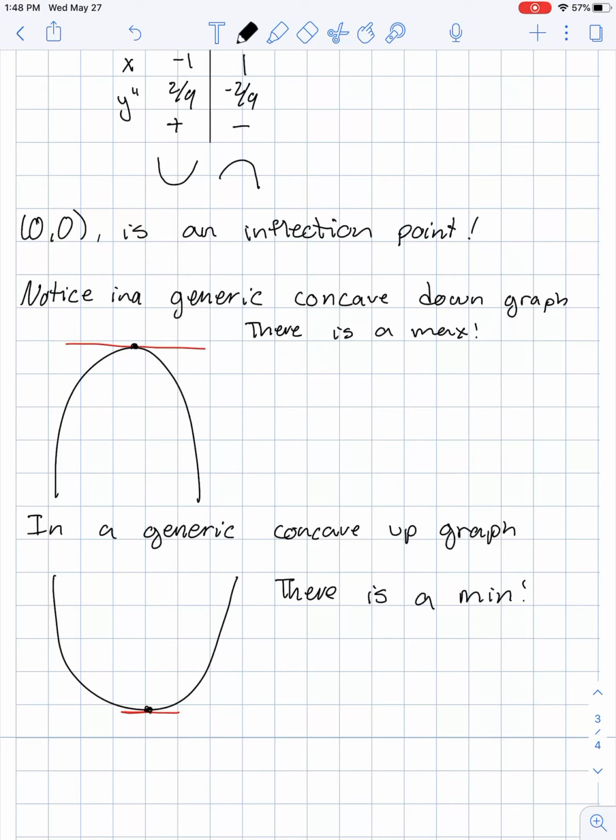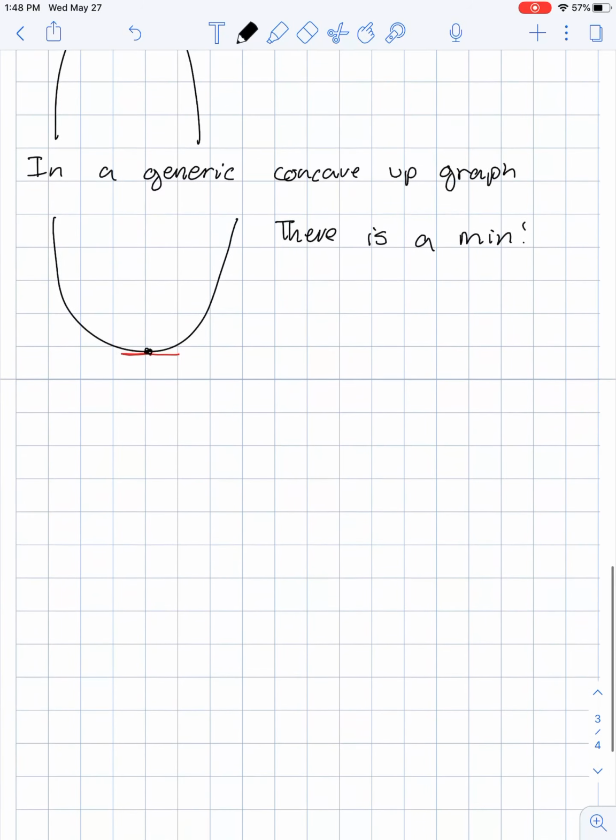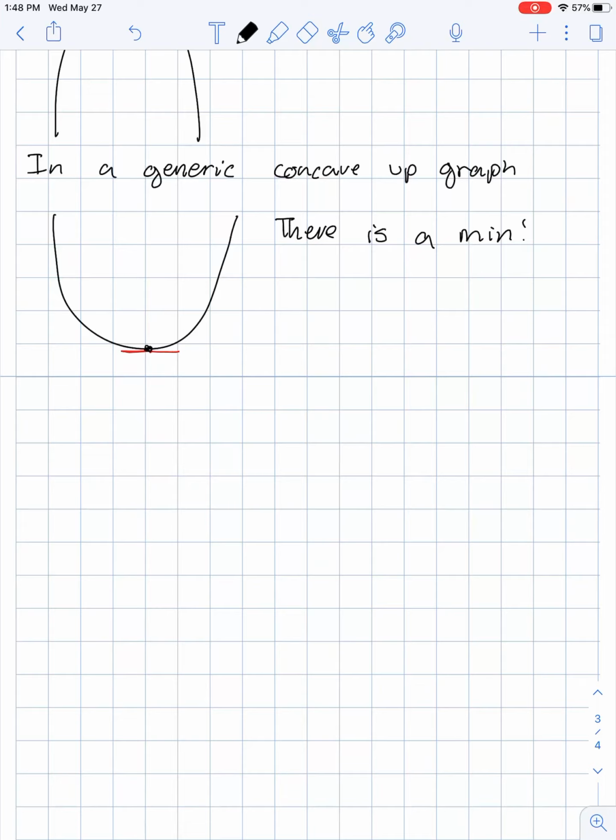So this yields the second derivative test for local extrema. We had the second derivatives for concavity and inflection points, and now we have the second derivative for local extrema.